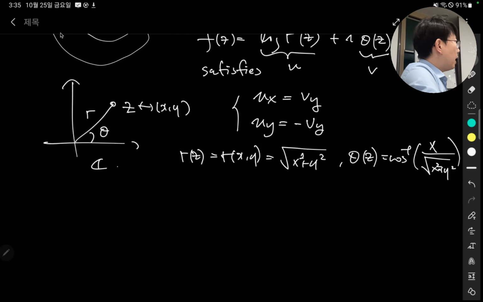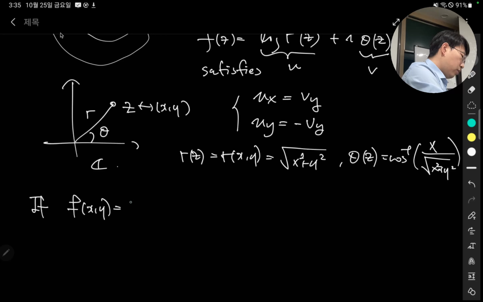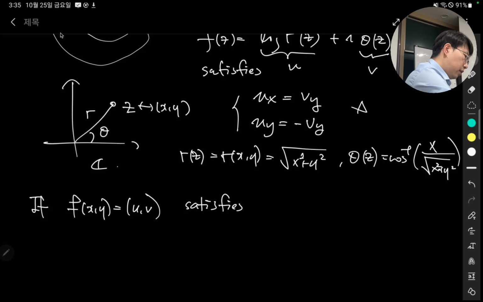So what's good about having these two equations? It gives you a conformal map. If a function taking x and y to u and v satisfies these two equations, then f is conformal.